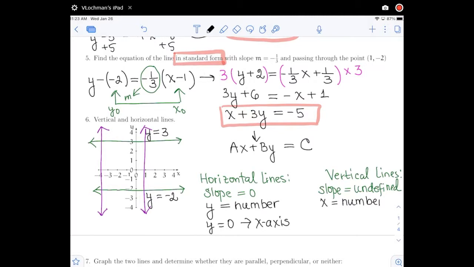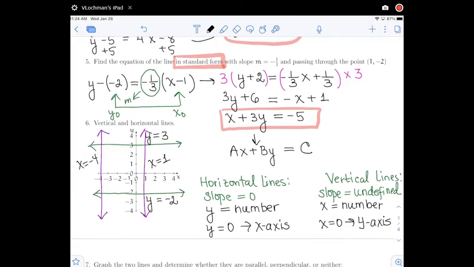We have x is equal to -4 here, and this one is x is equal to 1. And of course, x is equal to 0. Similarly, that's your y-axis. That's all we really need to know when it comes to vertical and horizontal lines. There is not much else to it.